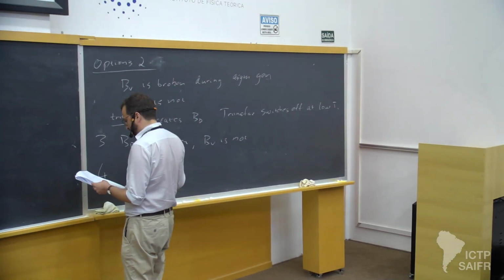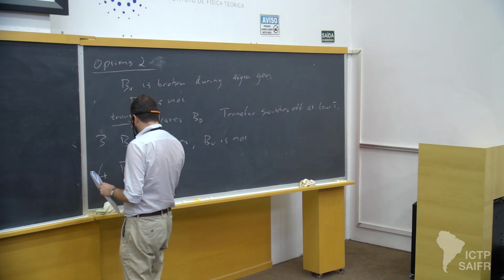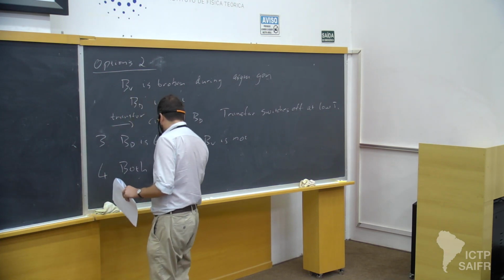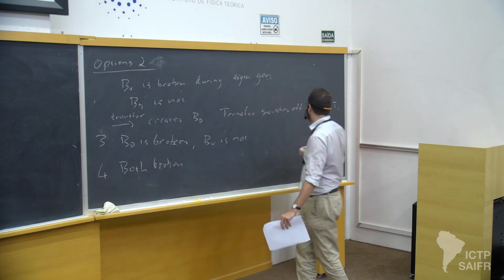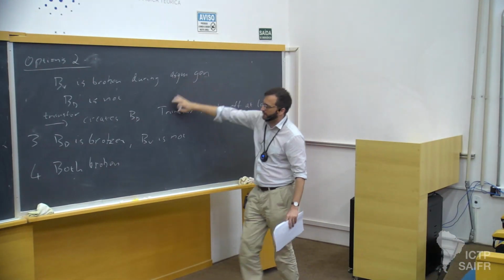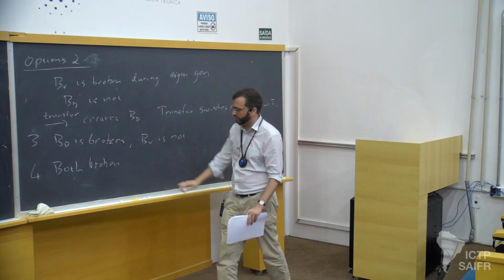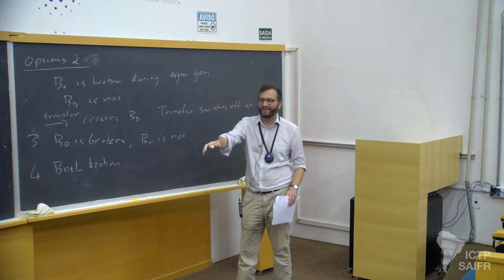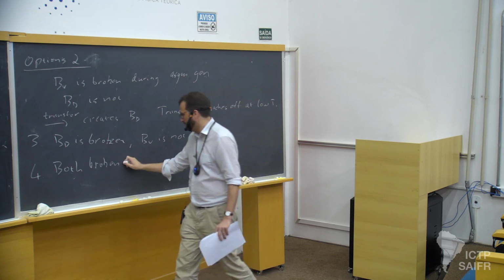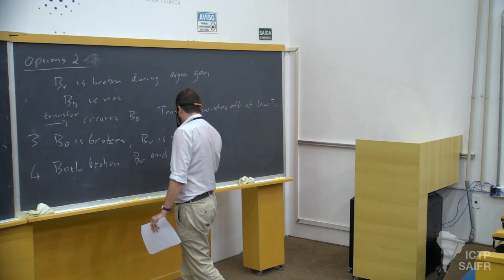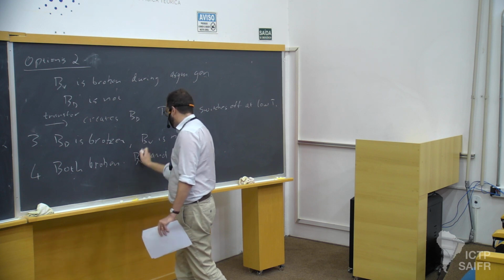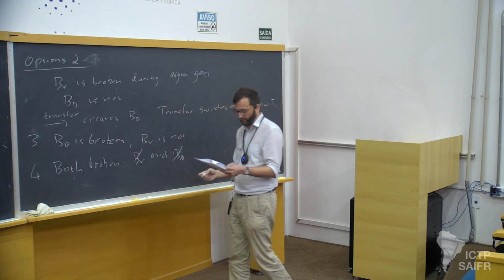And option 4 is sort of the anarchic case where both are broken in the generation of the asymmetry. We'll see an example very soon, where both B_V and B dark are broken in the asymmetry generation.